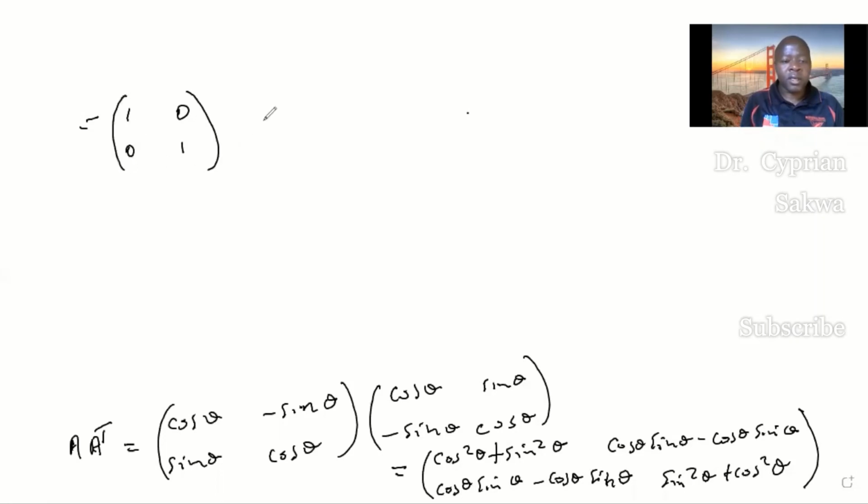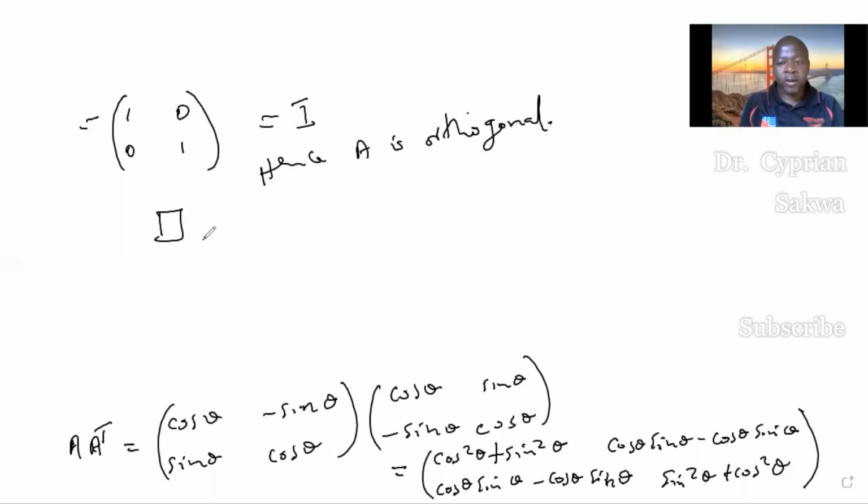And this is the identity. So we've proved as required that A is orthogonal, because we've shown that A times the transpose of A gives us the identity matrix. And that is what we needed to show.